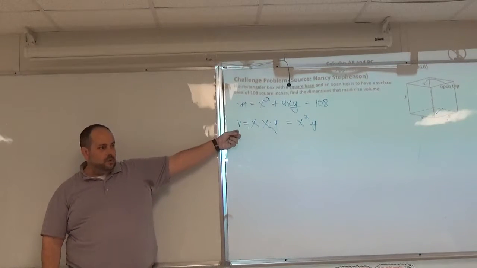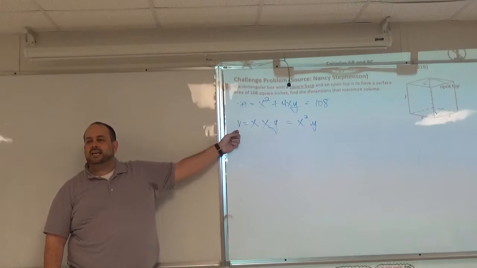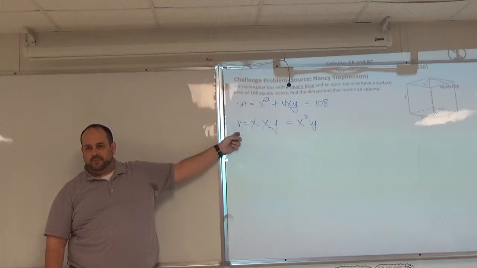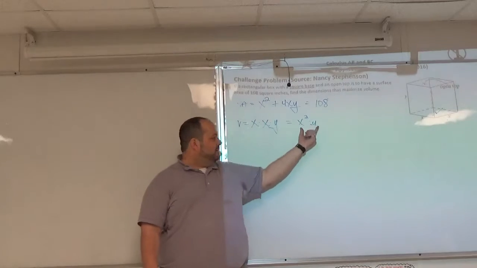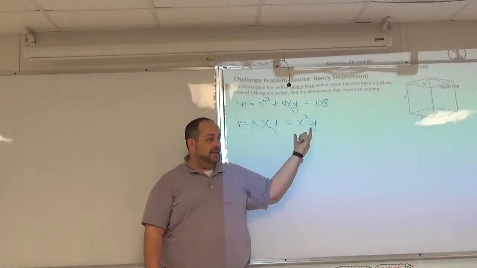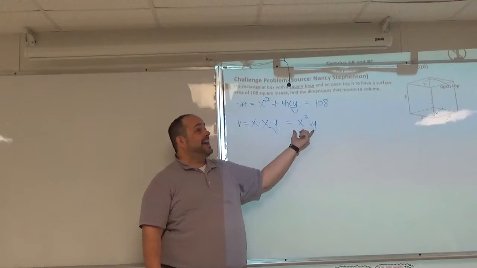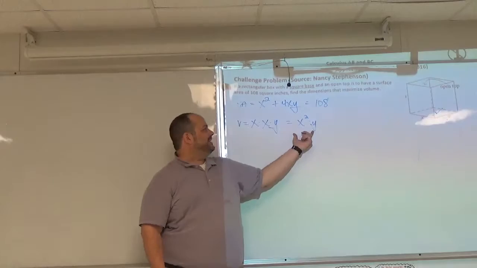You're going to take your volume equation, take a derivative, and set that equal to 0. Life's going to be good, unless you realize that there's a problem here. We have never taken the derivative when there are 2 variables, yet. That's coming, we're going to call that Wednesday of next week.